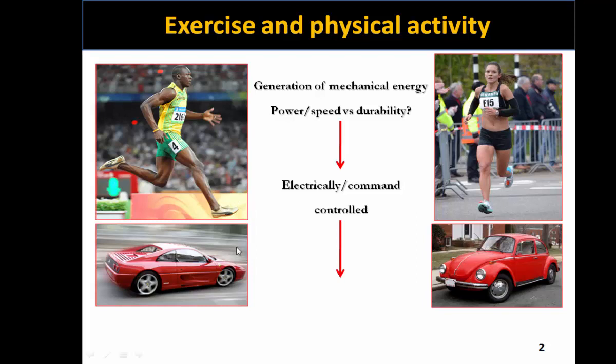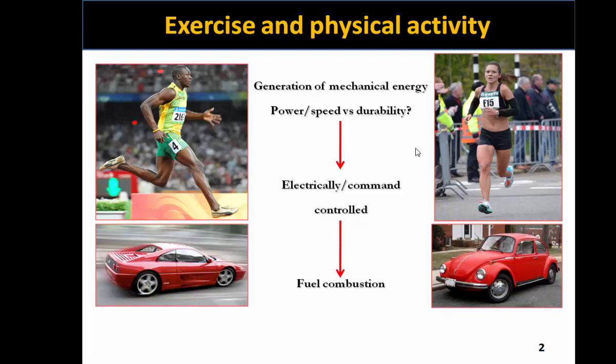The driver in the vehicles represents the command controller, while the central nervous system represents that command controller using electrical energy as well as chemical energy for their functions.